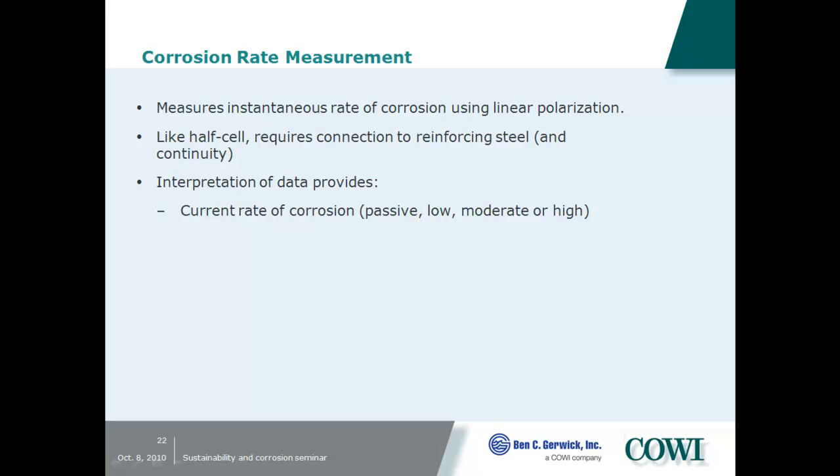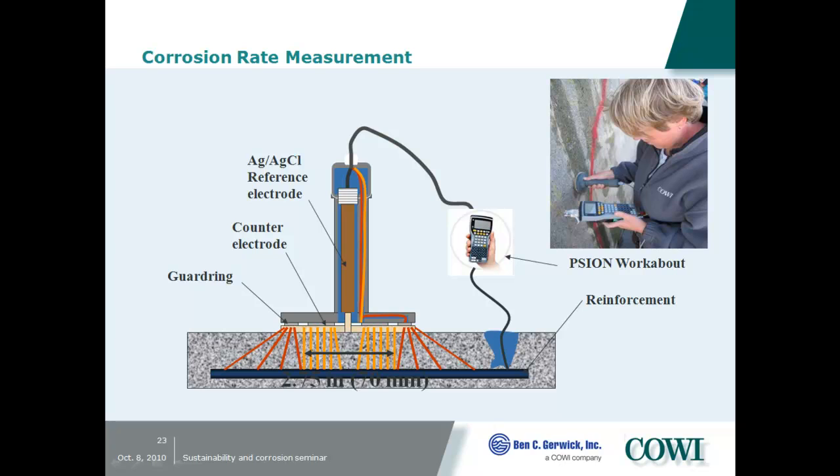The next step forward would be corrosion rate measurements, where you can actually, by measuring, see if you have active corrosion taking place or if the steel is in a passive state. It's linear polarization methods or galvanostatic measurements. It's more or less the same principle, even though this is the equipment that we use. You still have a reference electrode in the center of this.